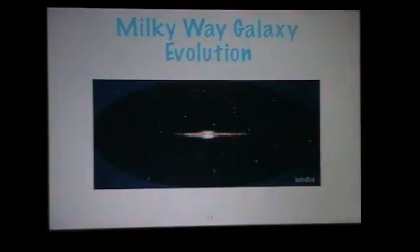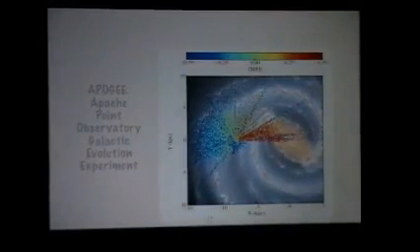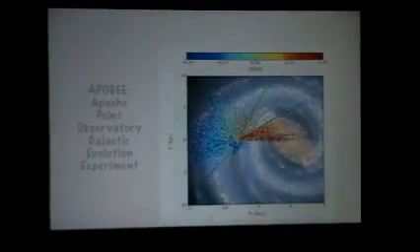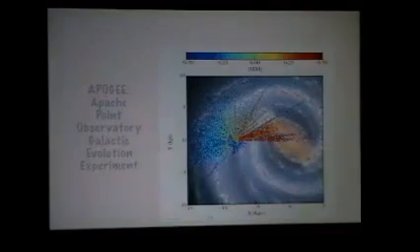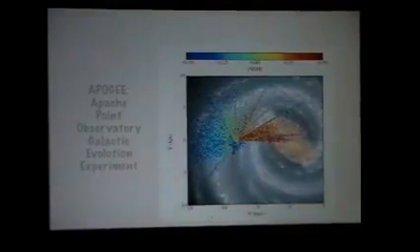One of the interesting projects that's on the go has this nice acronym, APOGEE. It stands for the Apache Point Observatory Galactic Evolution Experiment. And this particular project is interesting because it focuses on the infrared.